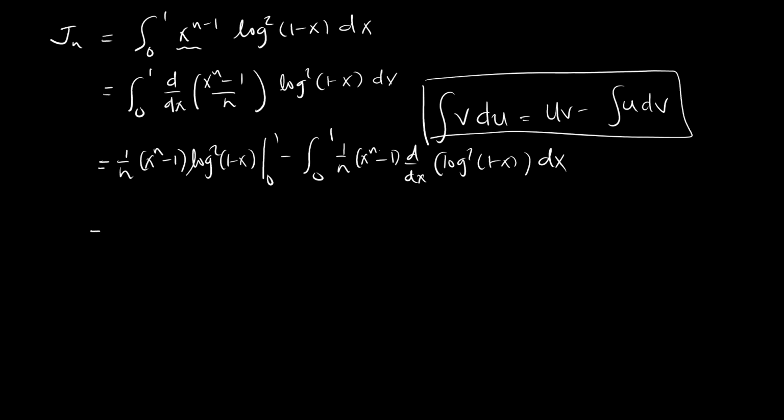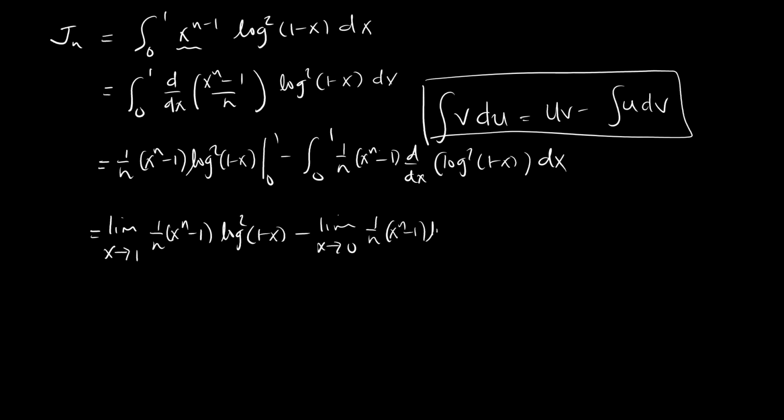So this is the same as limit as x tends to 1 of 1 over n, (x^n minus 1), log square of that, minus limit as x tends to 0, 1 over n, (x^n minus 1), log x, minus 1 over n integral 0 to 1 of (x^n minus 1), and then this becomes obviously 2 log of 1 minus x times negative 1 over 1 minus x.